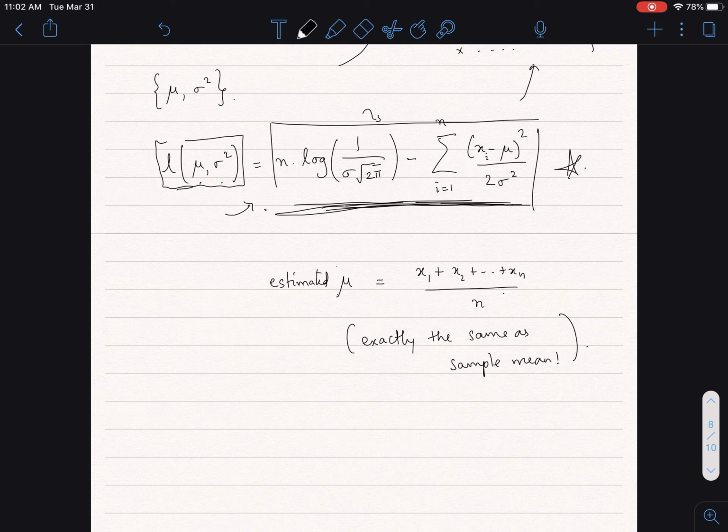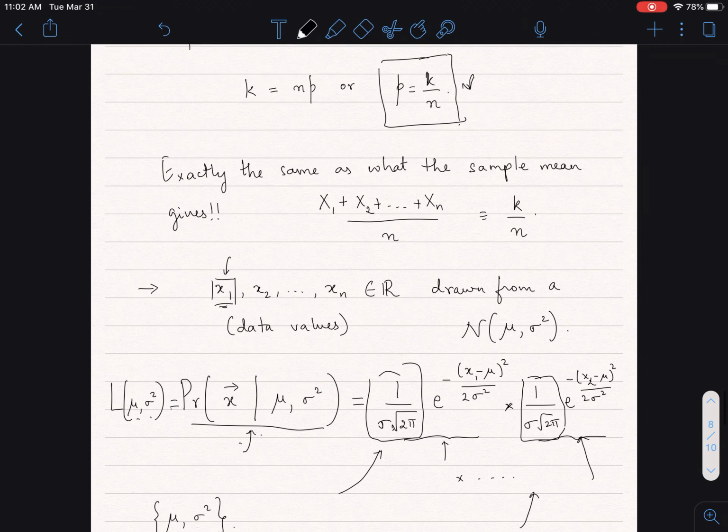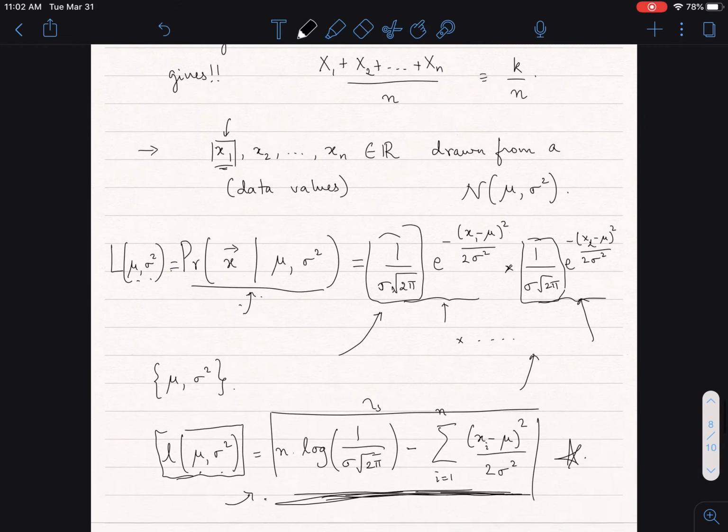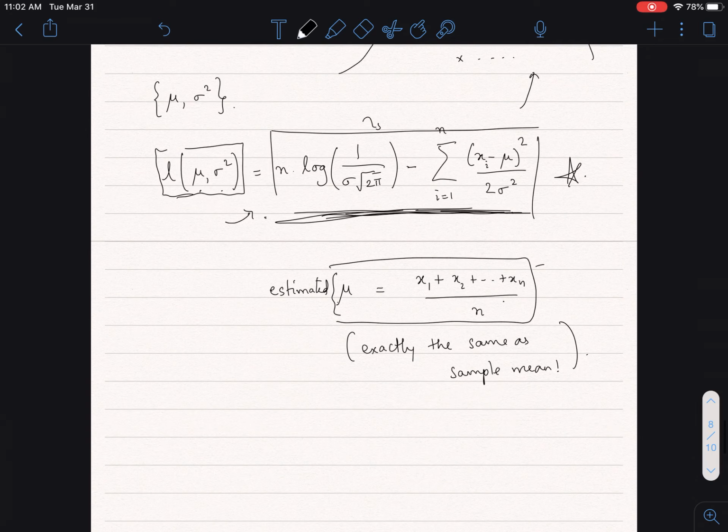It's very unlikely that you will end up with a clean closed form like this. It happens only in the case of simple random variables like Gaussians, like Bernoullis, and so on. Okay, so this is something about max likelihood estimation, and we won't talk too much about this in this course, but you are welcome to read more about it in the textbook.